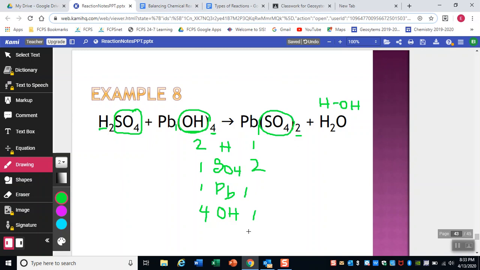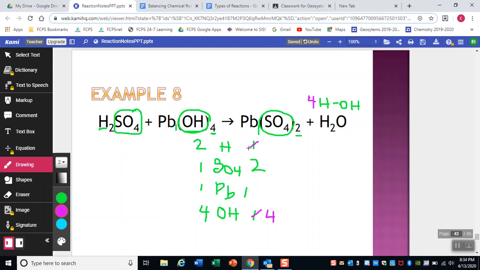Okay. So now I'm going to just try to balance these out. I'll just go ahead and start with my hydroxides. So I need 4 hydroxides over here. So I'm going to put a 4 in front. Right? That means I have 4 hydrogens and 4 hydroxides.